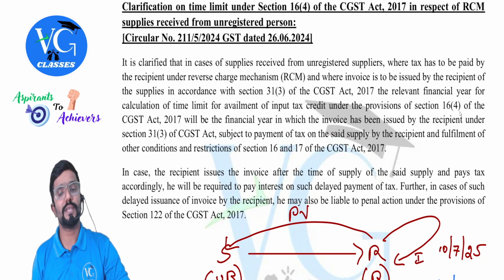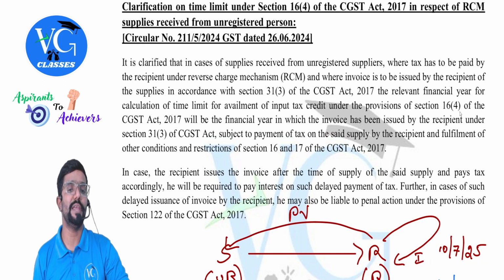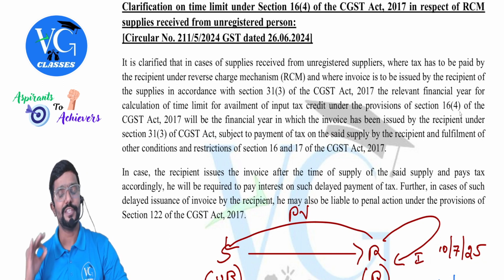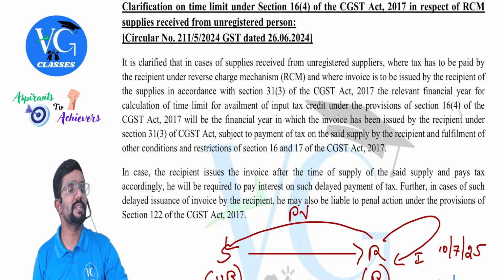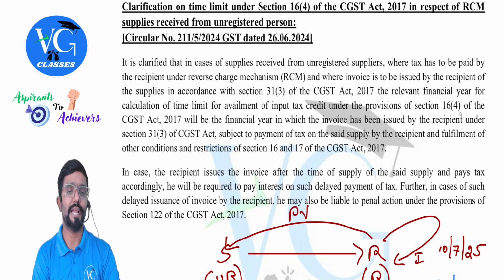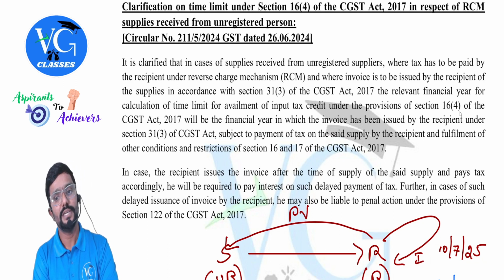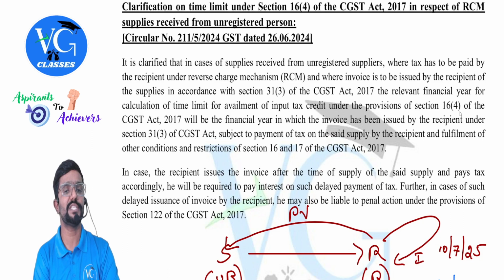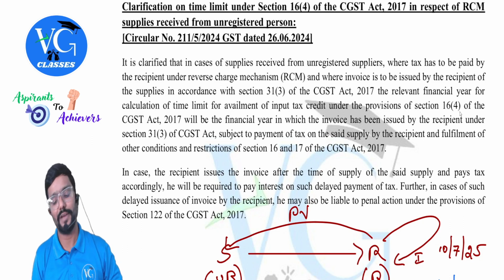Of the CGST Act 2017, the relevant financial year for the calculation of the time limit for availment of input tax credit under the provisions of section 16(4) of the CGST Act 2017 will be the financial year in which the invoice has been issued by the recipient under section 31 subsection 3 of the CGST Act, subject to the payment of tax on the said supply by the recipient and fulfillment of other conditions and restrictions of sections 16 and 17.